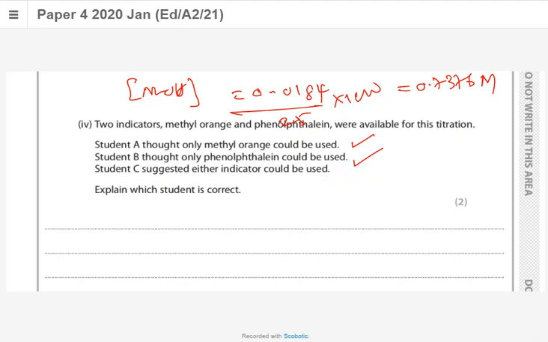And actually, student C is correct. Either indicator can be used because the vertical inflection of the strong acid, strong base titration falls within the pKin value of these two indicators, right?